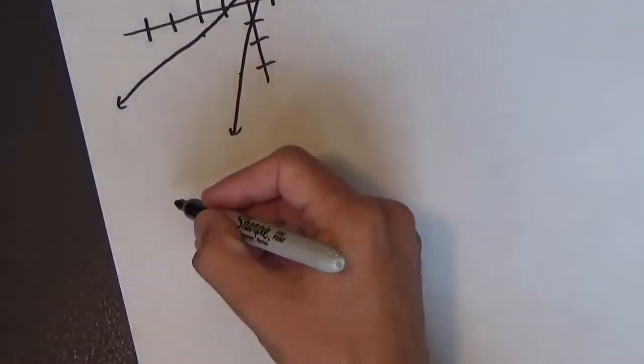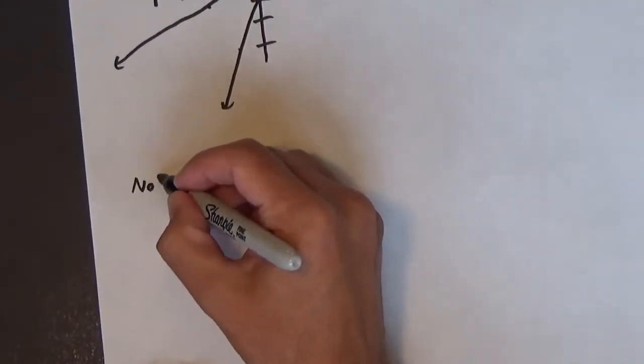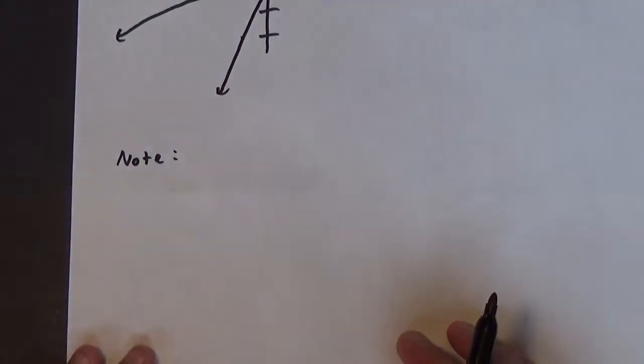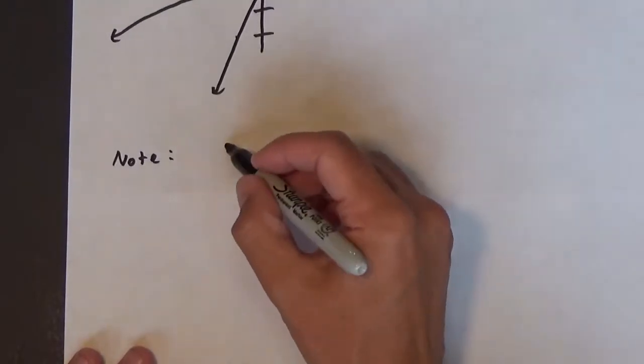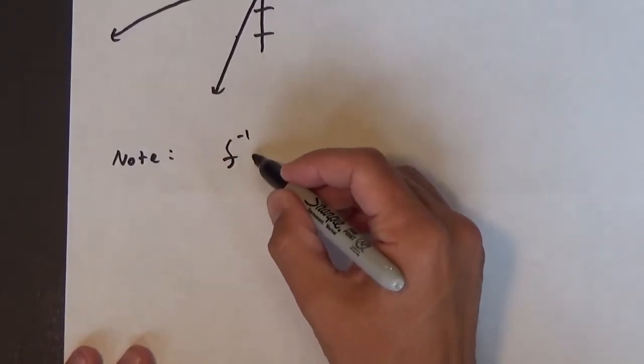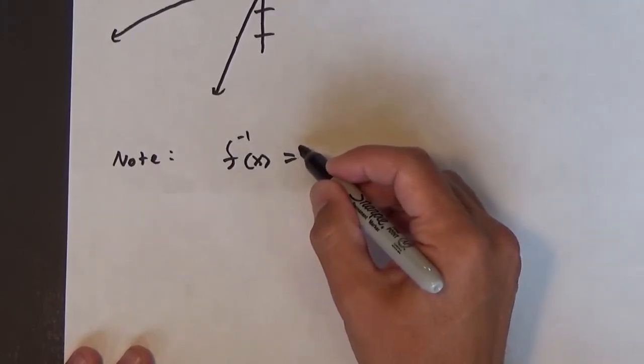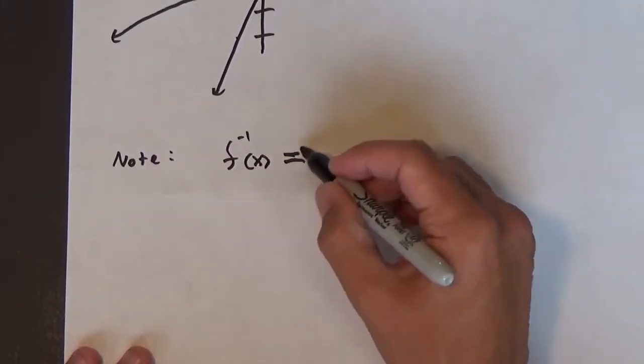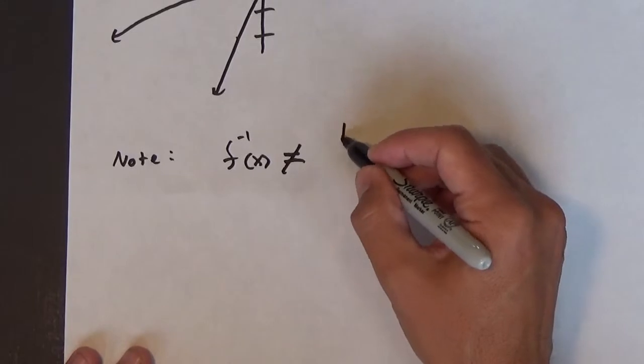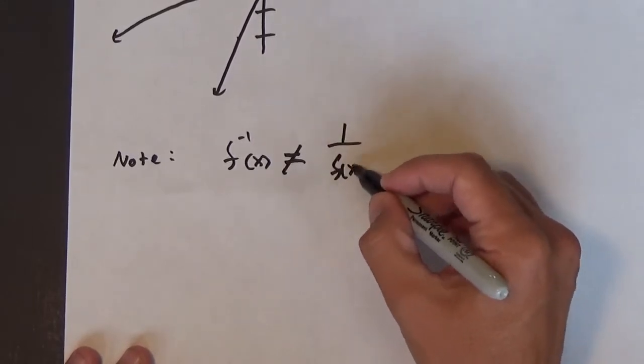Now one thing I do want to point out, so here's a big old note. And this has to do with the way the notation works. F inverse of x does not equal 1 over f of x.